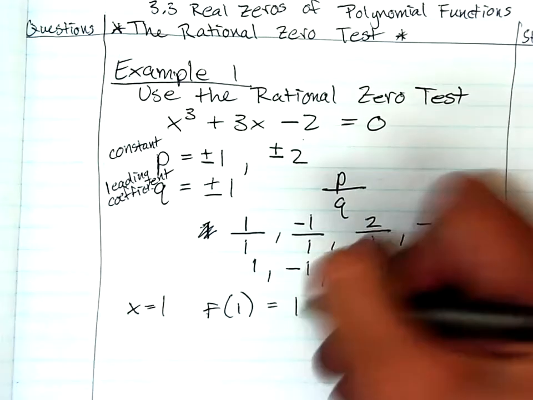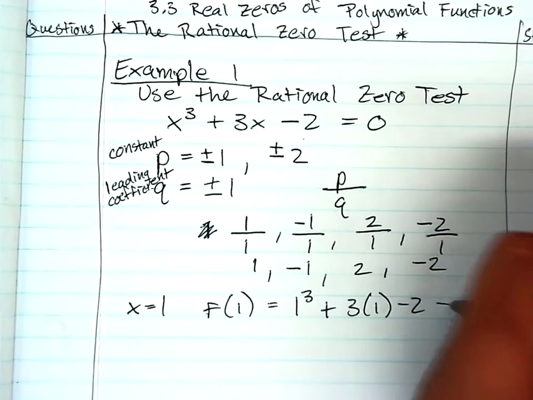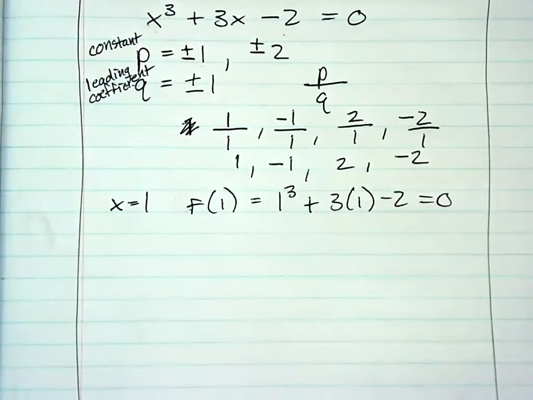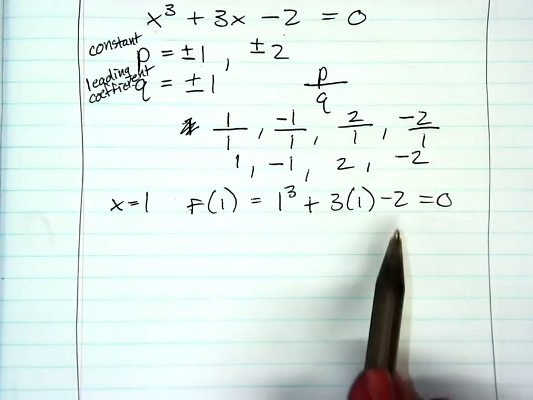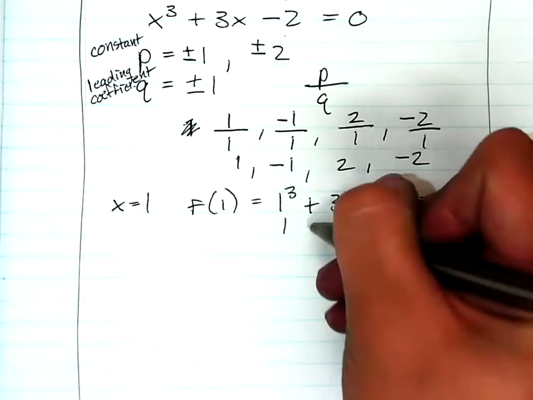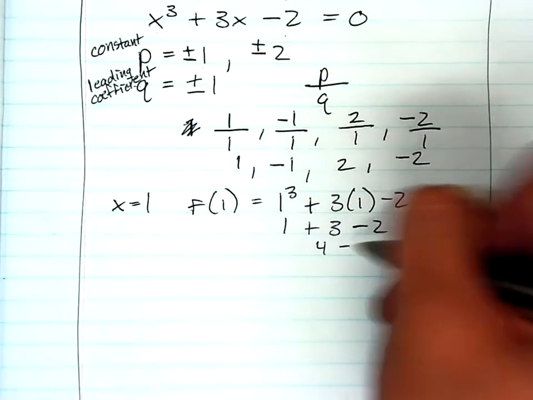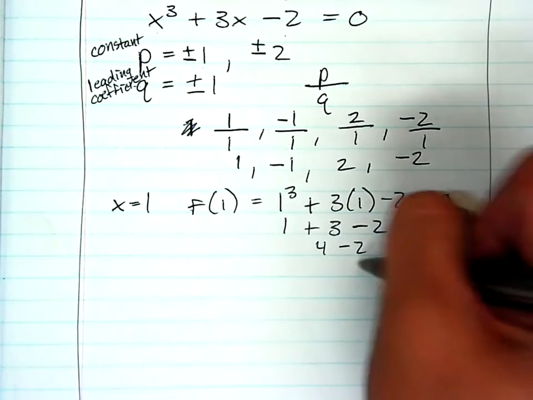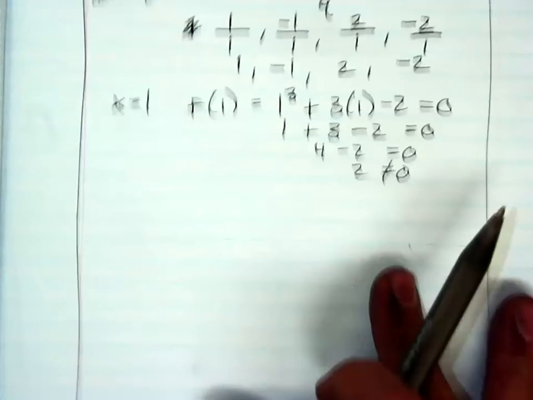So f of 1 will be 1 cubed plus 3 times 1 minus 2. The reason I'm choosing to plug in is because we're dealing with a pretty small polynomial in this case. So 1 plus 3 minus 2. So that's 4 minus 2, and that's going to be 2 equals 0, so that's not true. 1 is not a rational zero.